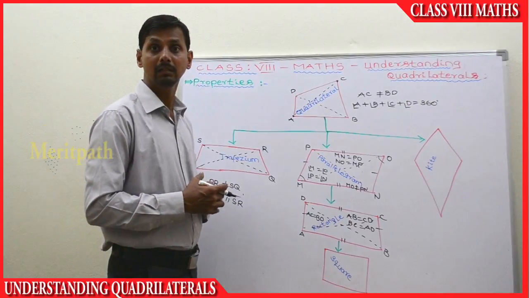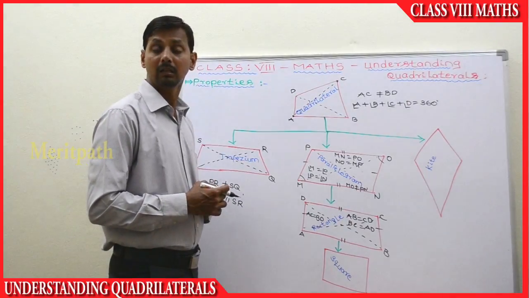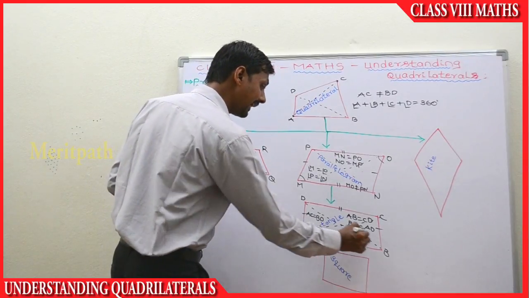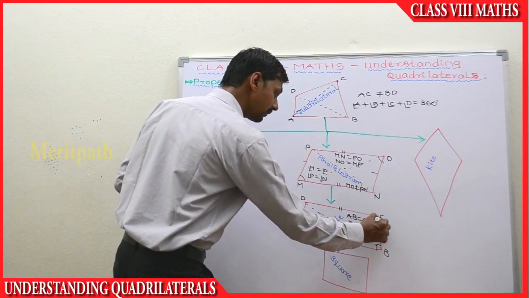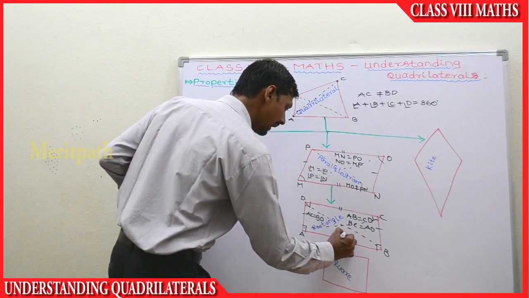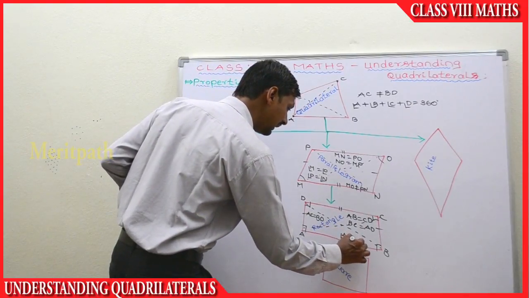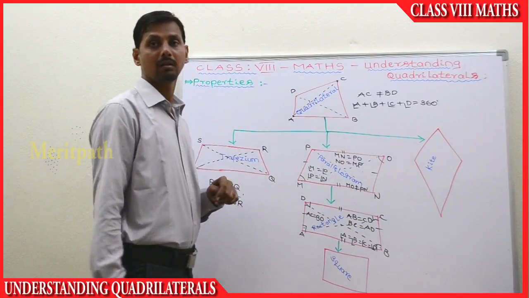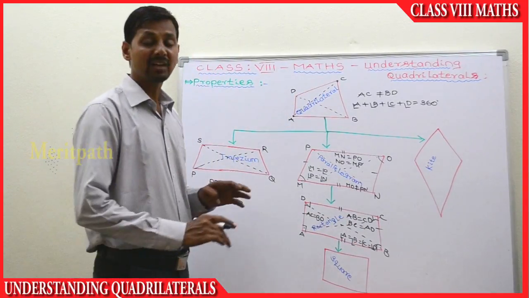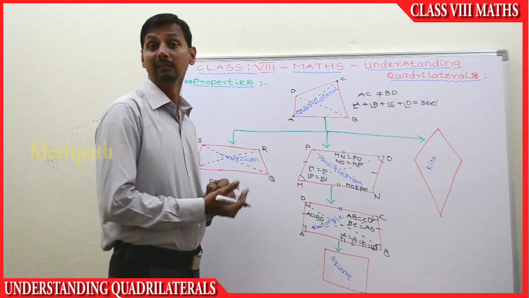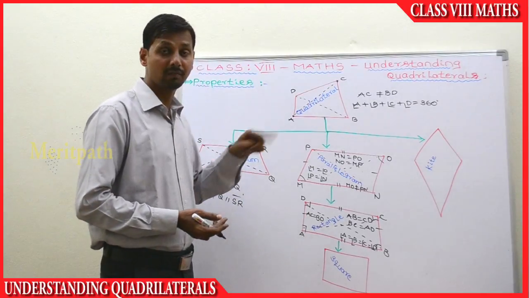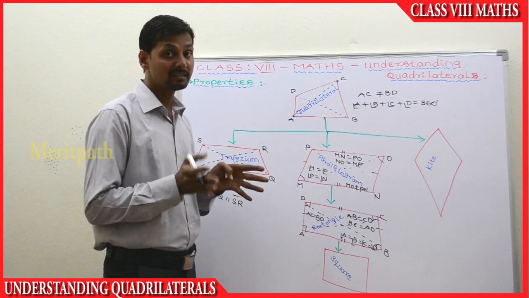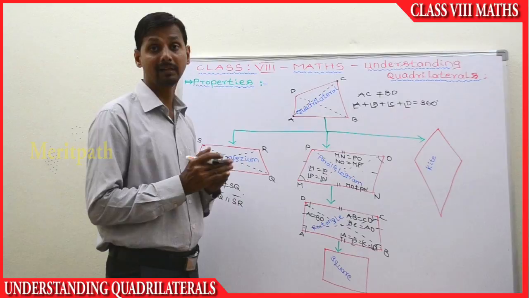And we see the angles of a rectangle. Each angle of a rectangle is 90 degrees. So we can write angle A is equal to angle B is equal to angle C is equal to angle D. All the angles of a rectangle are equal, opposite sides are equal, and the lengths of the diagonals are equal.